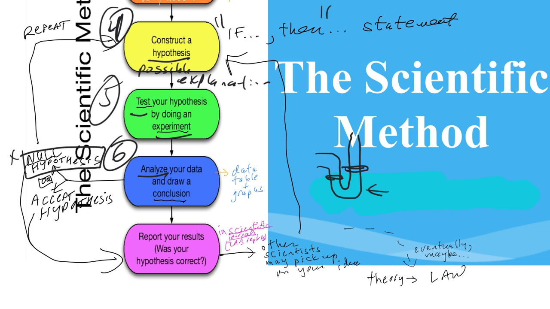So I just showed you that I went back to the beginning of the scientific method. I did a new observation. I constructed a new hypothesis: if there was stuff that didn't dissolve in hot water that was stuck in the pipe, then that was causing the clog.